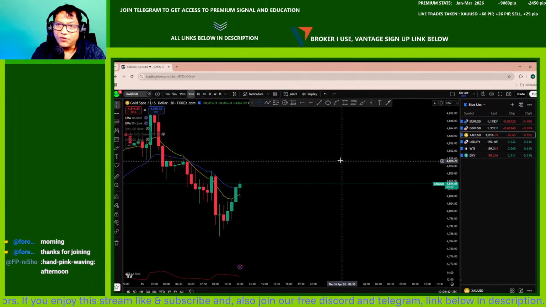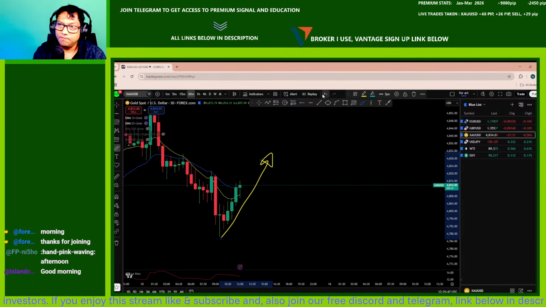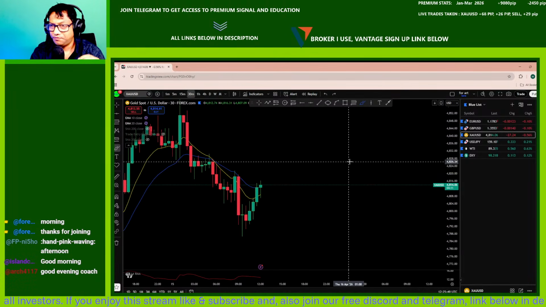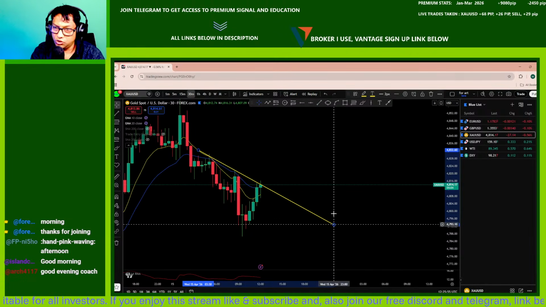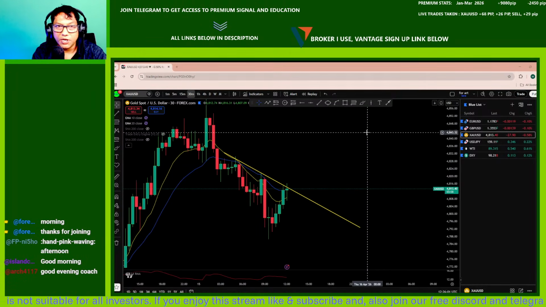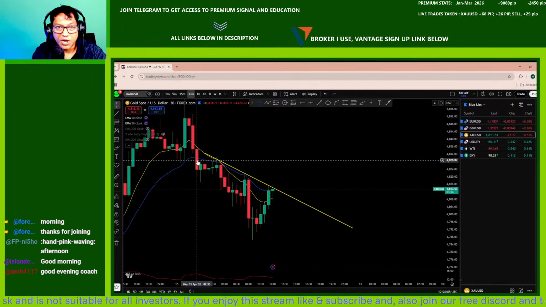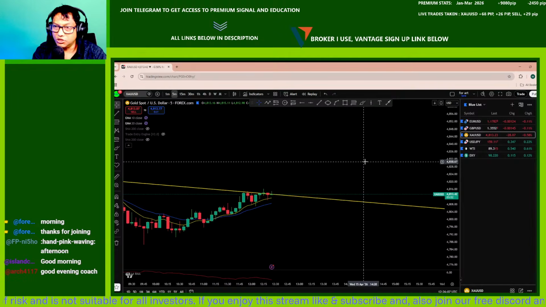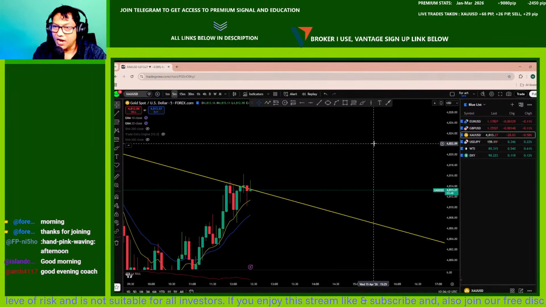And if you look here on gold, there is an upside bias, but this is potentially bringing another opportunity for us to sell. Don't you think so? This is the 15-minute chart that I'm looking at, which is showing a possibility for a downtrend here, a break of structure again, because this market has moved a lot to the upside.